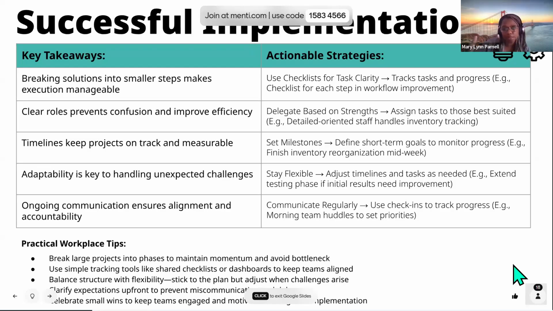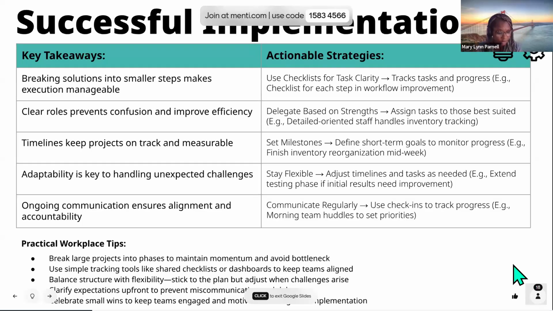So really handling our process in bite-sized changes, using simple tracking tools like checklists or dashboards to help with alignment, making sure we balance our structure with flexibility, stick to the plan, but adjust when challenges arise. How can we do that? Adapt plans as needed rather than waiting for major problems to arise.